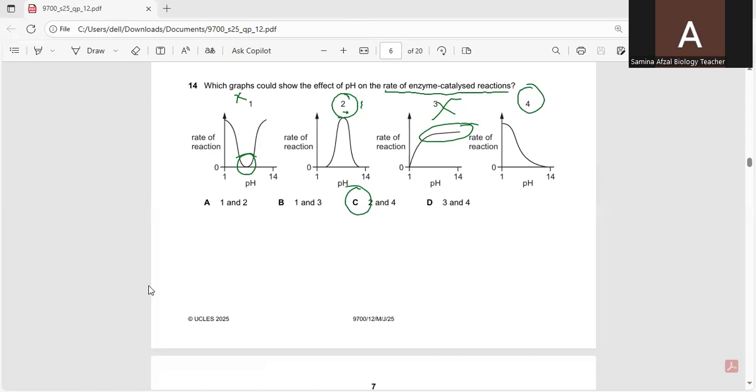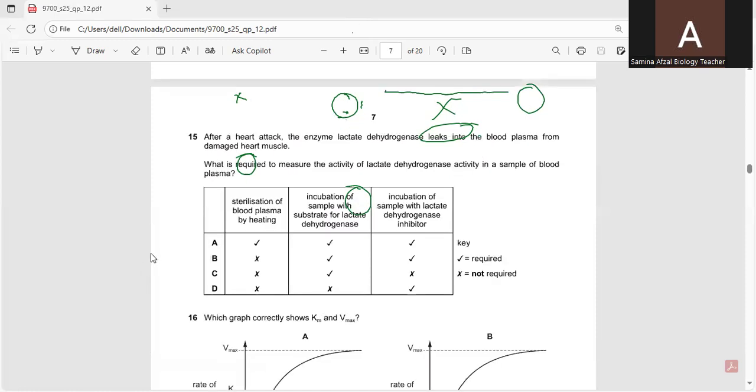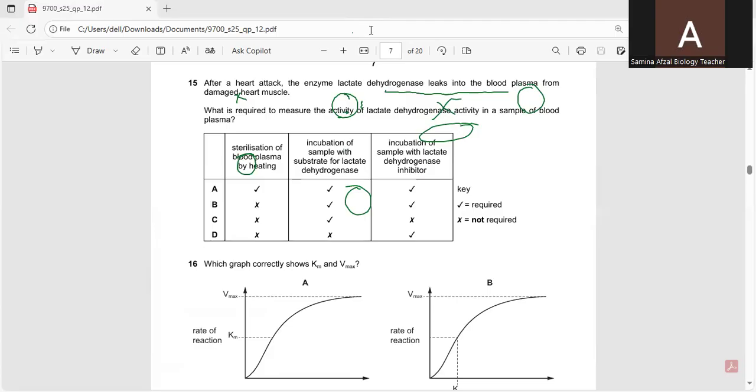Now I'm going towards question number 15, and question number 15 is, after a heart attack, the enzyme lactate dehydrogenase leaks into the blood plasma from damaged heart muscles. What is required to measure the activity of lactate dehydrogenase in a sample of blood plasma?